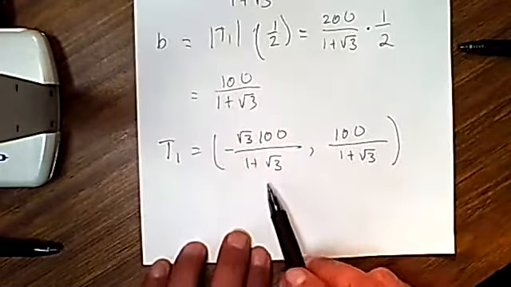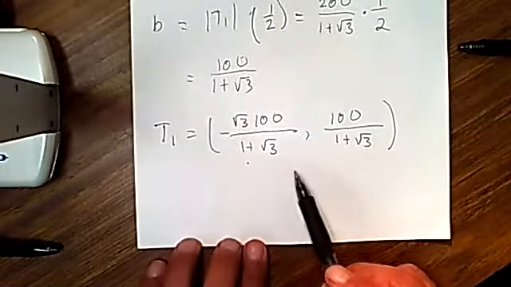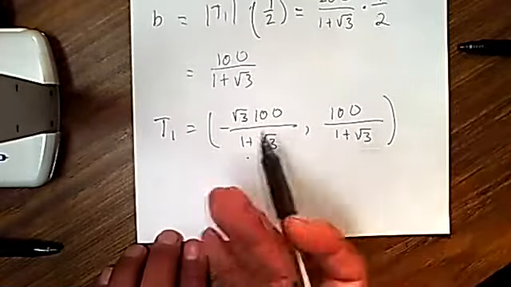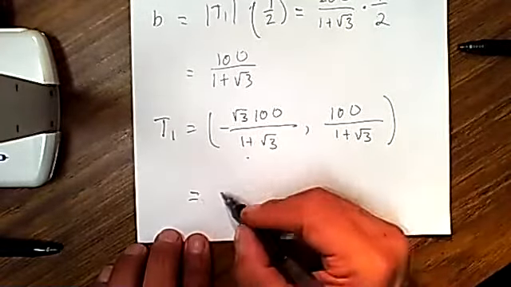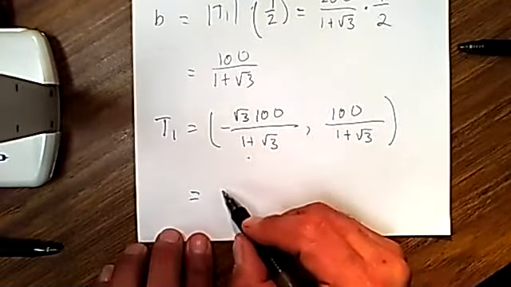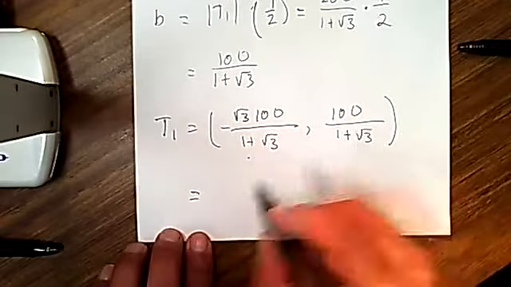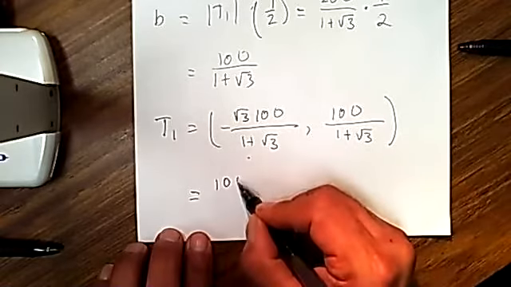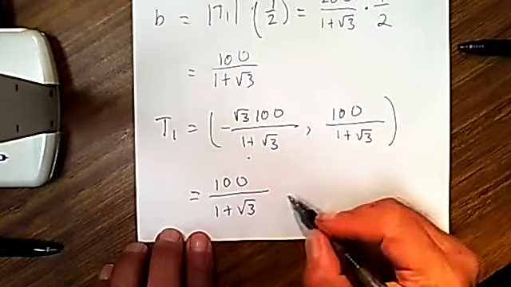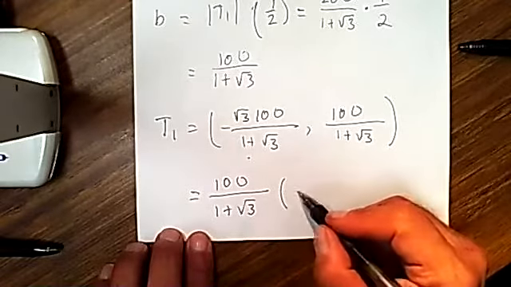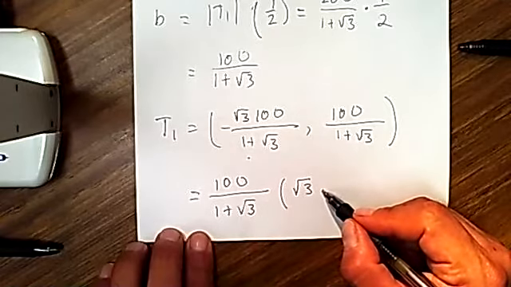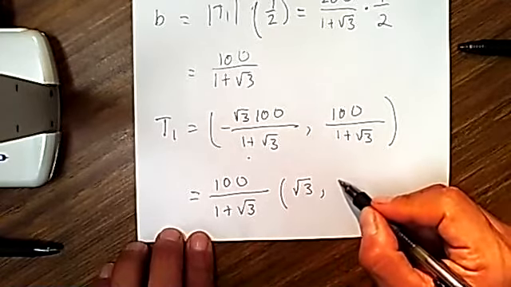As you can see, this 1 plus the square root of 3 is repetitive as a factor, so we can factor that out and makes notation a little neater. Oftentimes it is desirable to do that. In fact, the 100 can factor out too. So we end up with 100 over 1 plus the square root of 3. And then we have a nice vector, negative square root of 3, comma 1.